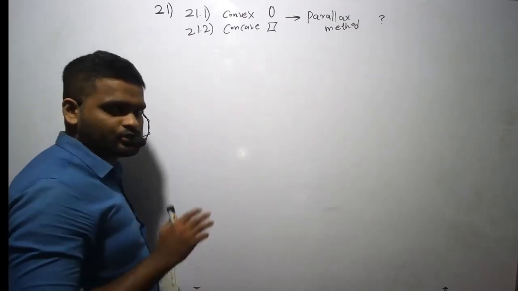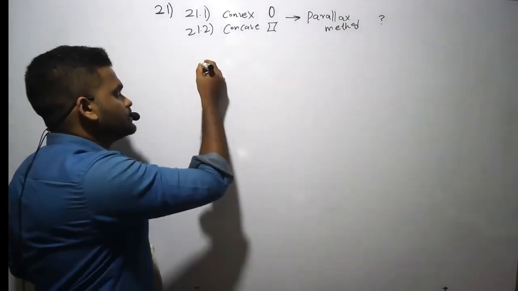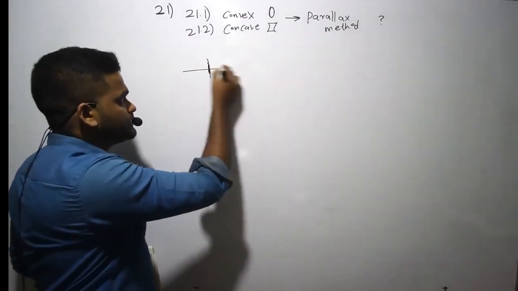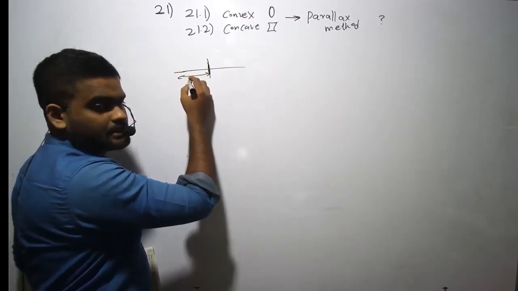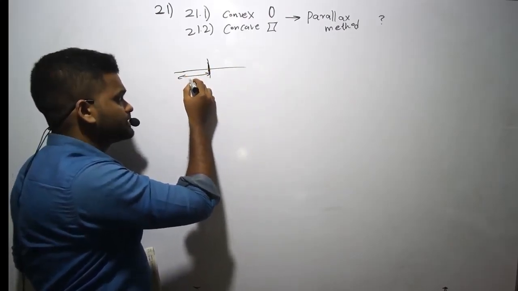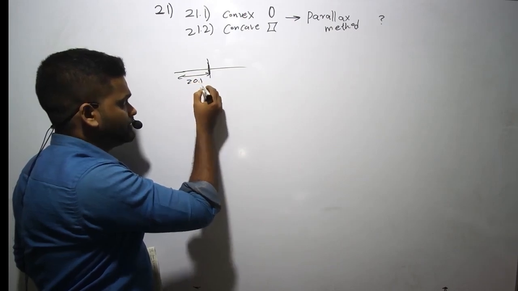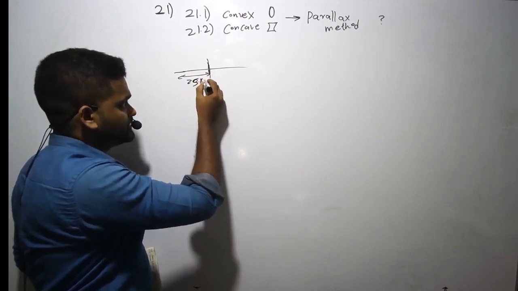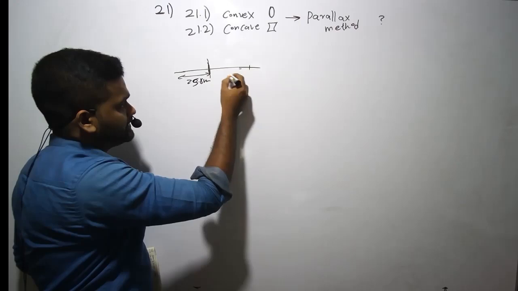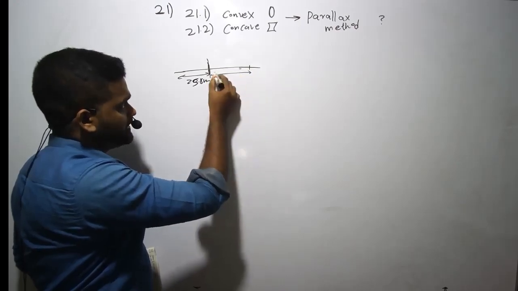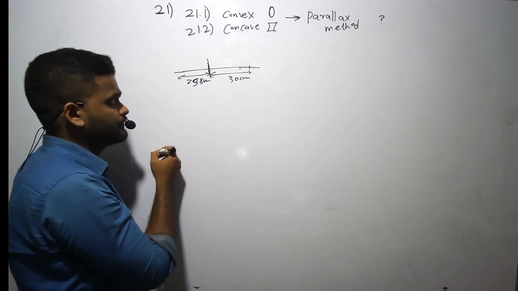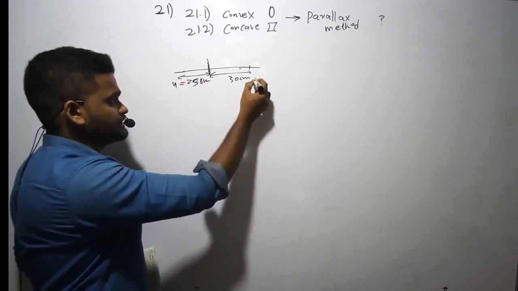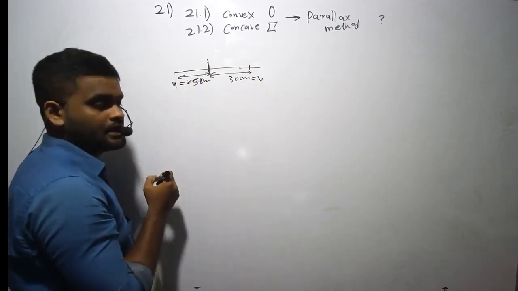For virtual images, you cannot use this. So you know the reversibility of light. Let's say you place this object at this distance, 25 centimeters, and the image is made at 30 centimeters. So this is object distance and this is image distance.